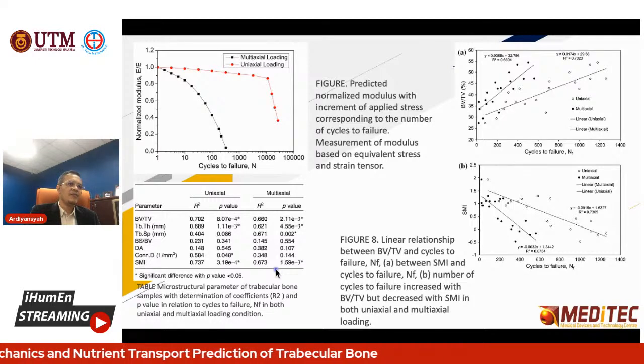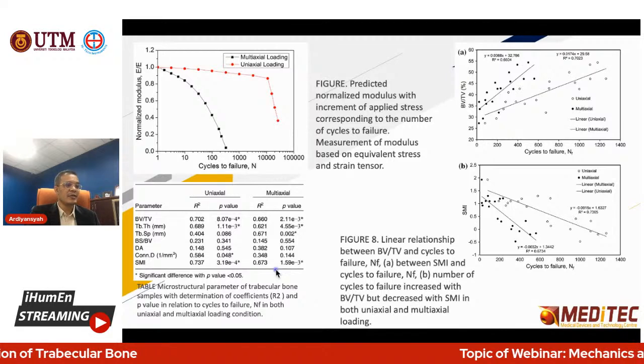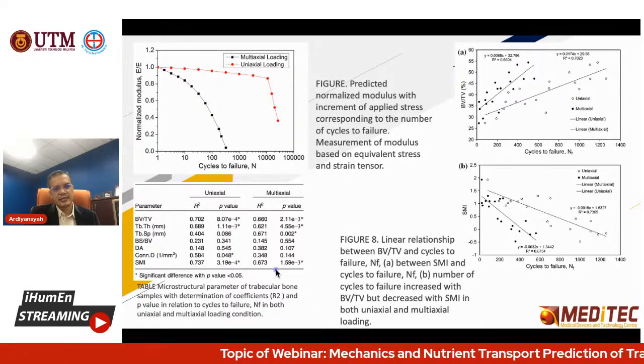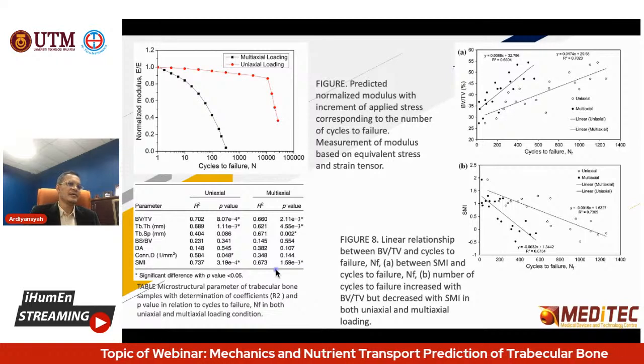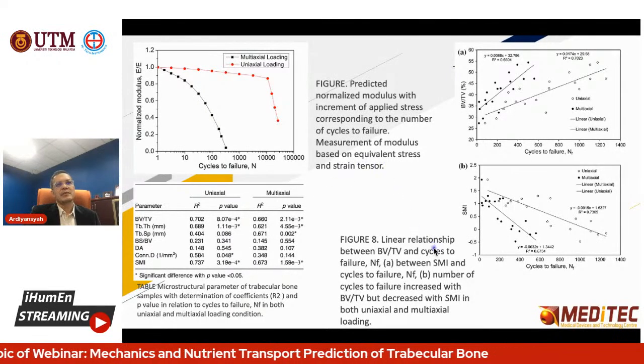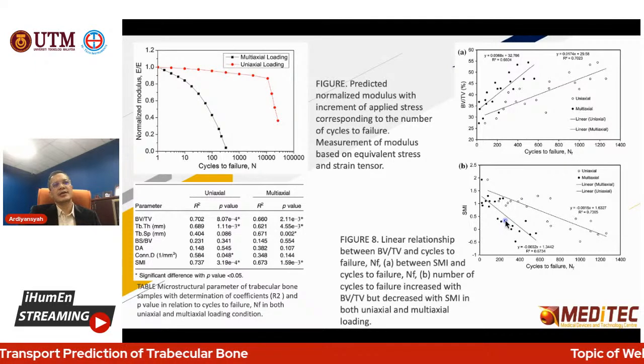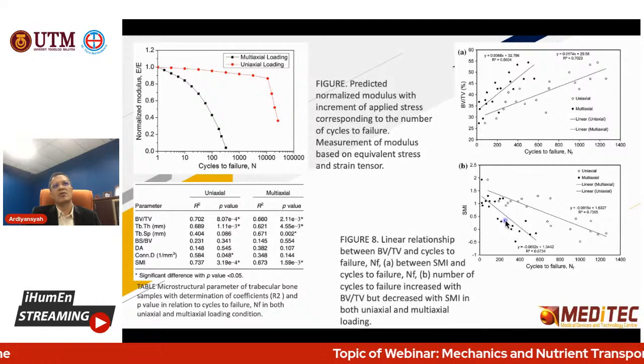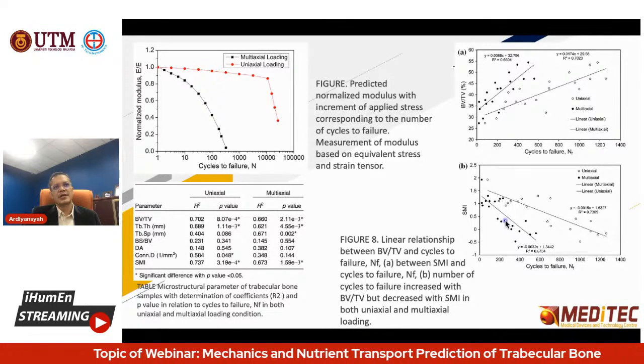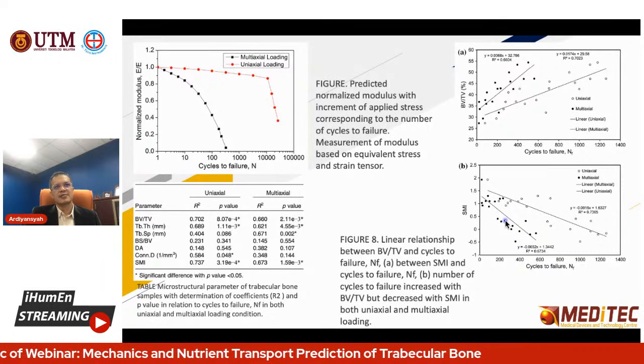Okay, this means there are three microarchitecture factors we need to concentrate on: the volume fraction, trabecular thickness, and SMI. Here we can also look at the correlation, which one is more correlated with the number of cycles to failure, the volume fraction and the SMI.